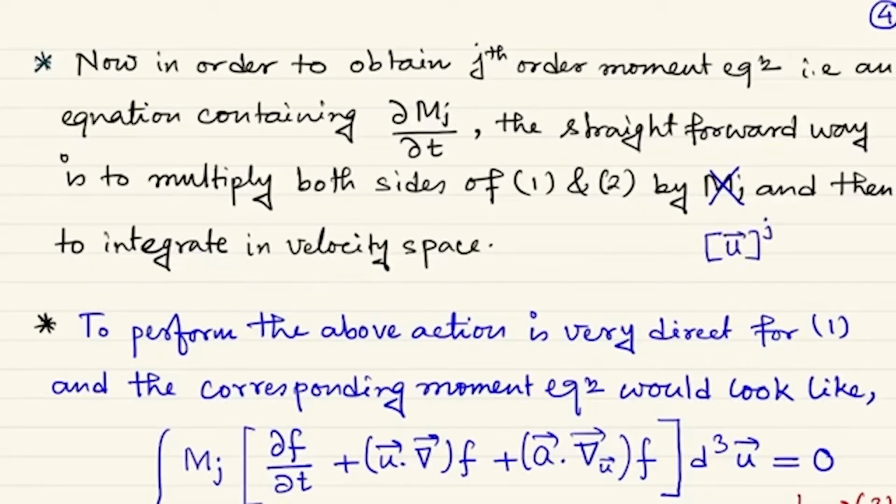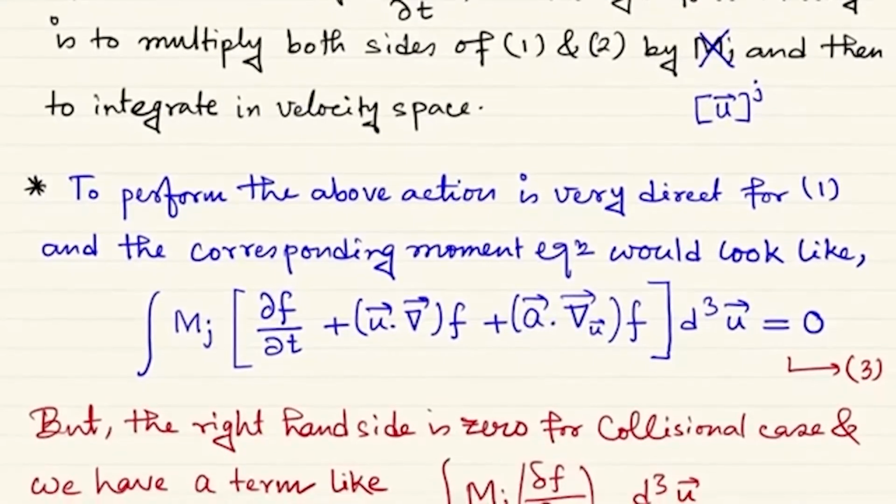First we have to multiply by u j and then integrate in velocity space, because m j is already integrated, so that is not the correct thing, sorry. So this is written wrongly. According to the definition, it should be simply u j, multiplied by this equation, and that is equal to 0.